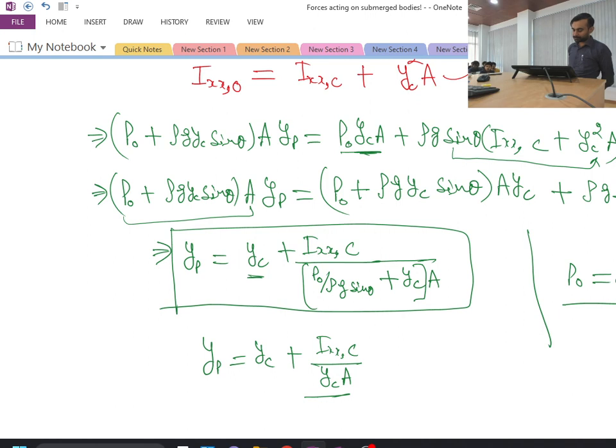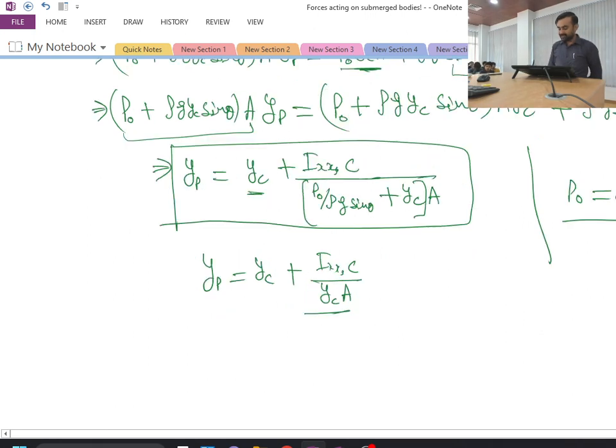Now, what about this Ixx about the centroid? For many standard shapes, its values are already given in the tables.